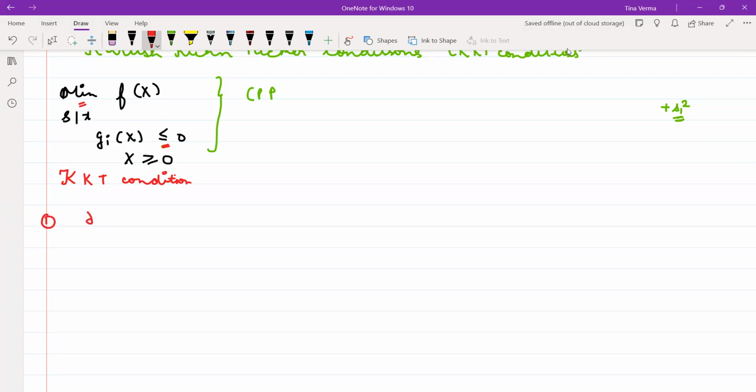You first construct your Lagrange multiplier function L(x, lambda). What is your L(x, lambda)? The same f(x) plus lambda_i into g_i(x), that you construct for your Lagrange multiplier.